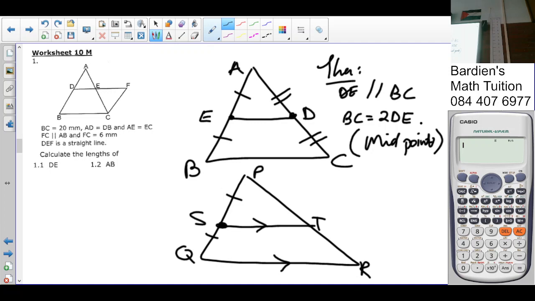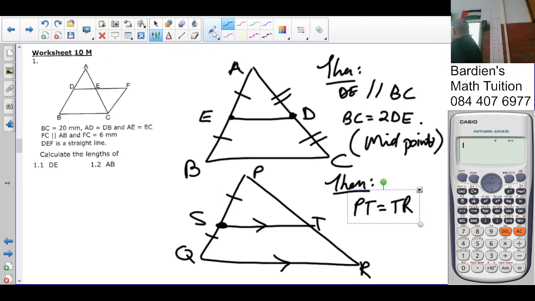If that is the case, then we can conclude, what can we say about this? PT is equal to TR. What else can we say?